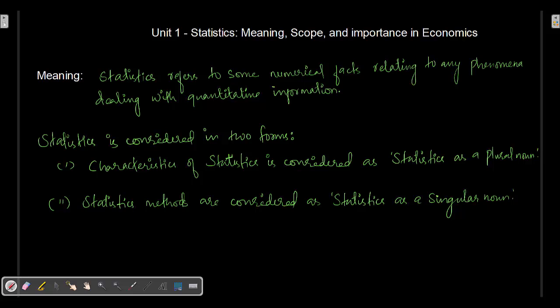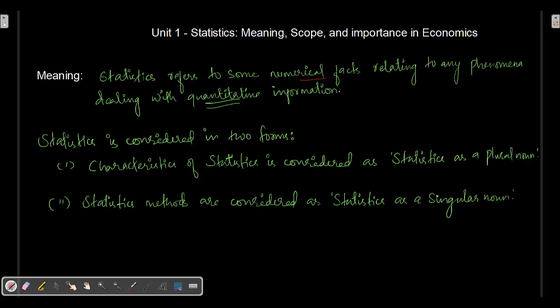Okay, so here when you talk about quantitative information, you have to understand that it's talking about numericals. Here you see the numerical facts that is given here. So when we say relating to any phenomena, we mean any phenomena in social sciences or exact science dealing with quantitative information, that is referring to facts and figures.